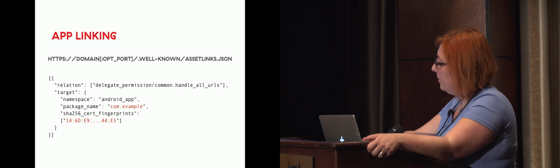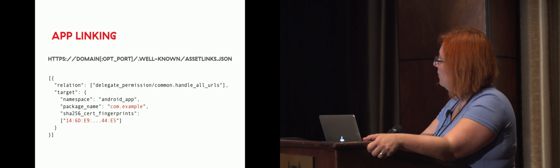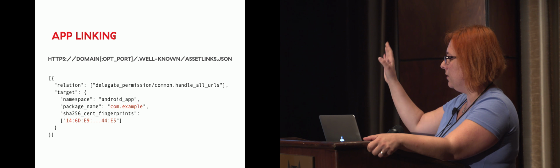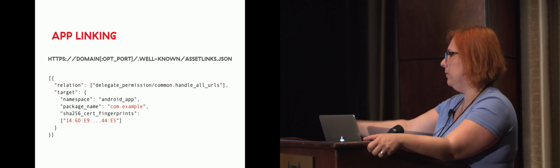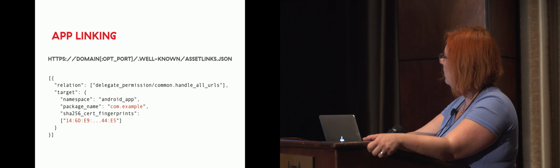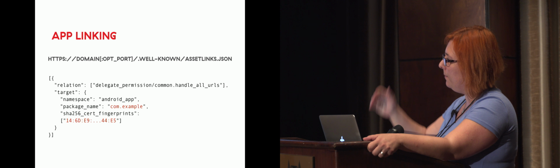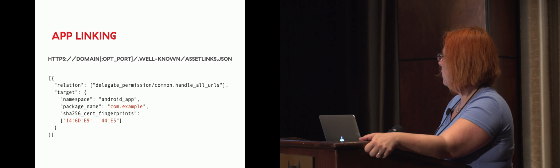So starting from M, like I said, you now have the power to configure for a certain domain, a website, what app will open it. So there's a unified link between the app and the server that will basically launch your app each time a link is launched.